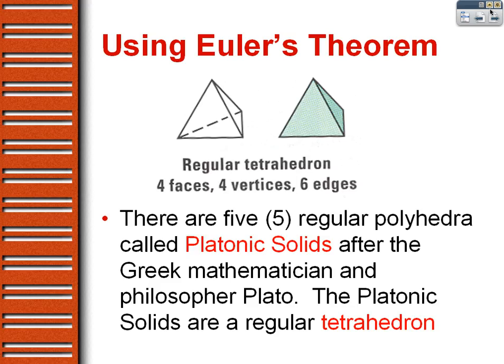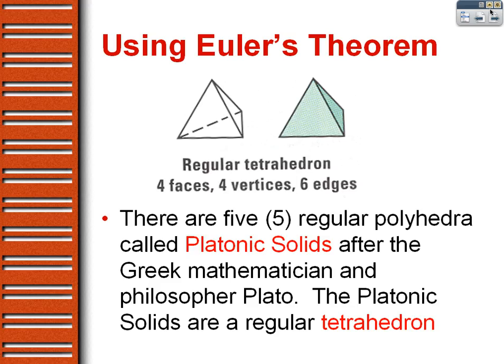5 regular polyhedra that we call Platonic solids, and that's basically a relic of Plato. The philosopher Plato thought that these certain shapes had more power than shapes that weren't nice and regular like this. So these were extremely special because there are only 5 of them. 5 3-dimensional polyhedra that have this property.